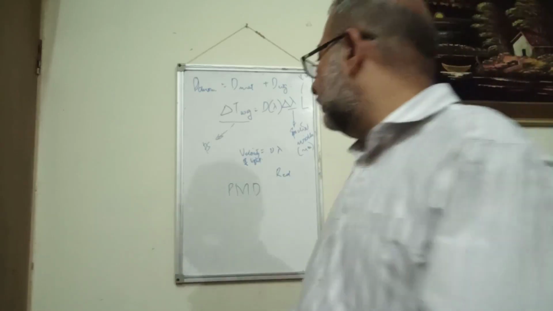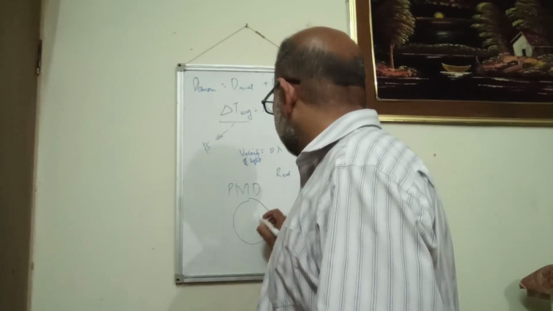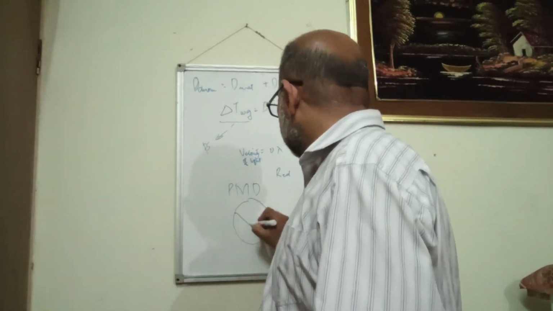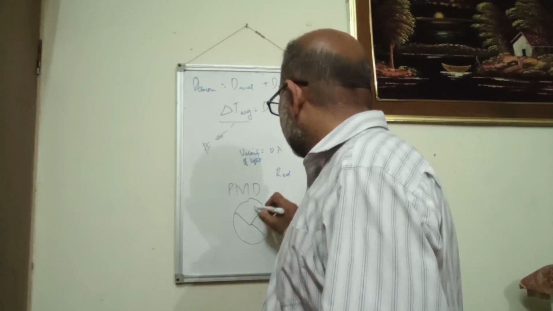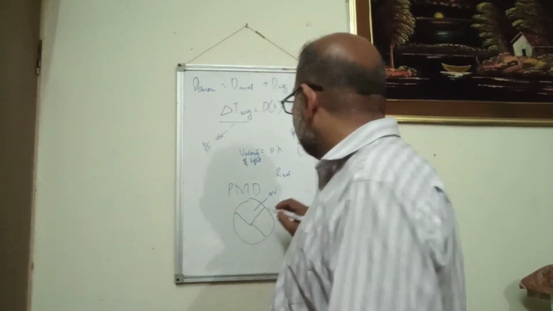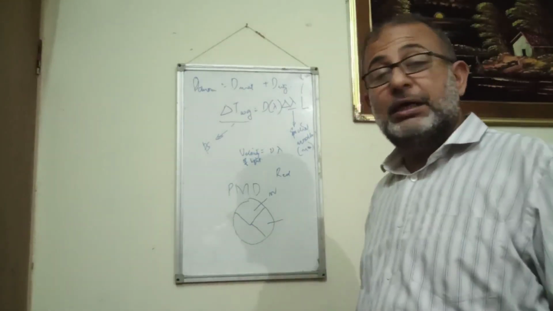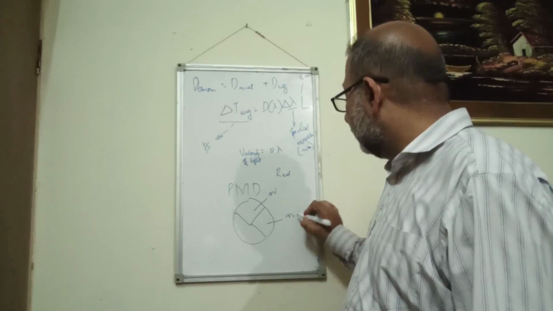Reason being the fact that it is possible that within the core, a certain part might have a certain value of refractive index, while another part might have another value of n.